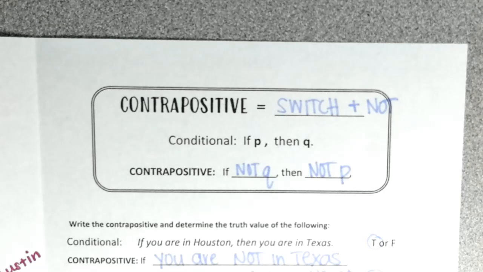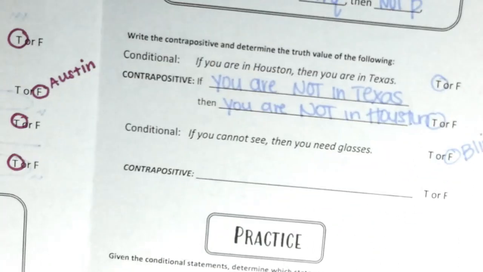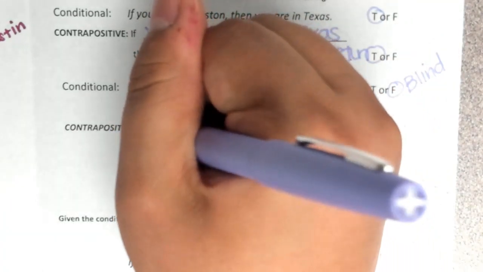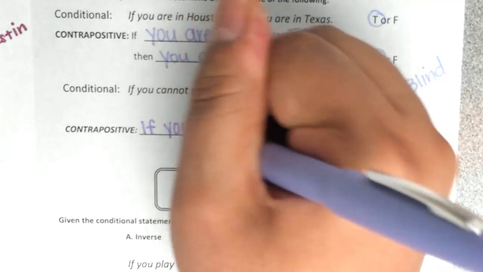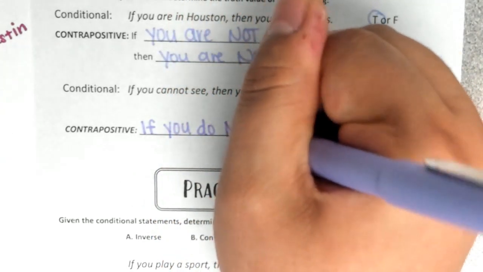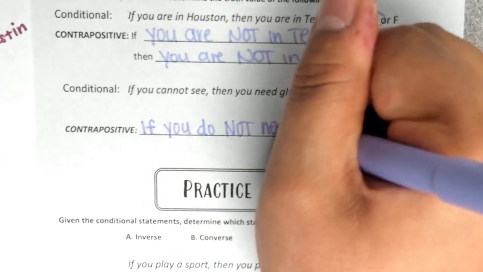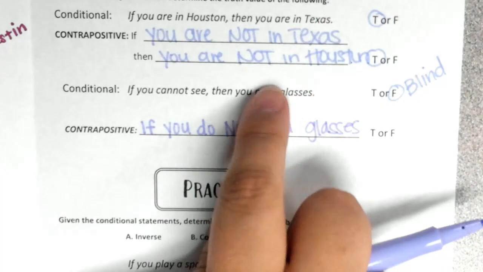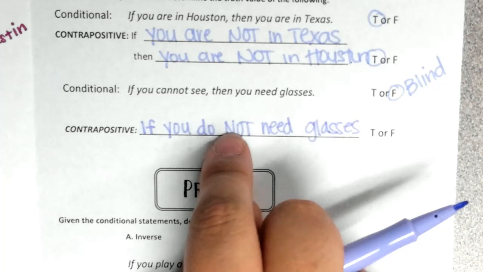Now, how would I do the contrapositive? How would I switch and not this? If you don't need glasses, then you can't see. No, she's right. I switched them. I put the glasses first, and I had not. Then, what did you say after that?